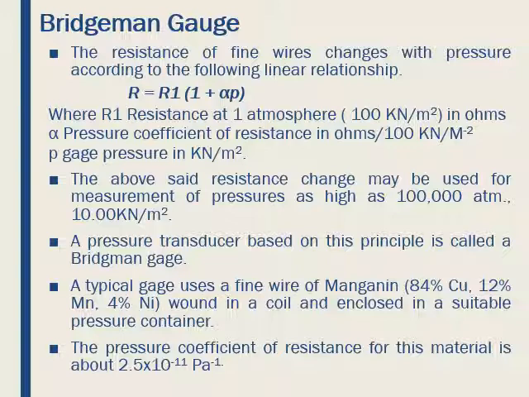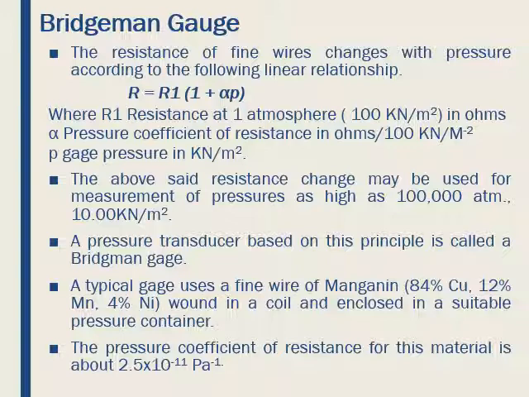A typical gauge uses a wire of manganin, which is made up of 84% Cu, 12% Mn, and 4% Ni, wound on a coil and enclosed in a suitable pressure container. The pressure coefficient of resistance for this material is about 2.5 into 10 raised to minus 11 per pascal.